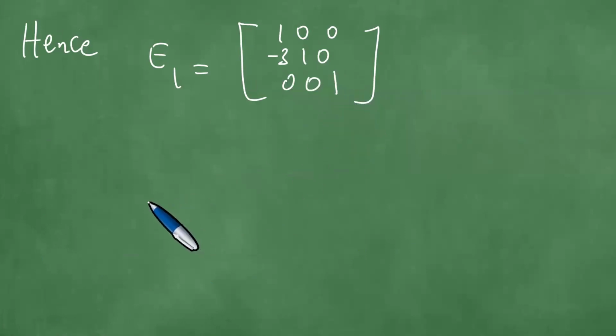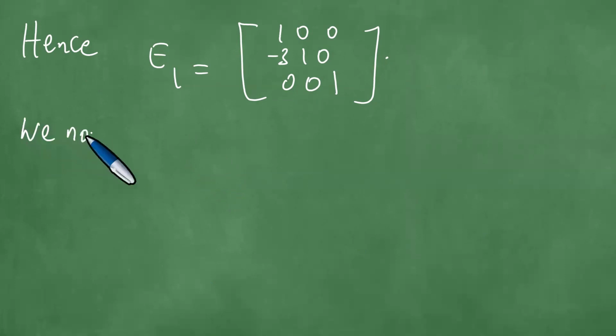Now at this point, we have this particular elementary matrix, and this is the elementary matrix that is obviously required. But now there's more to this. What do we have as a consequence of this?